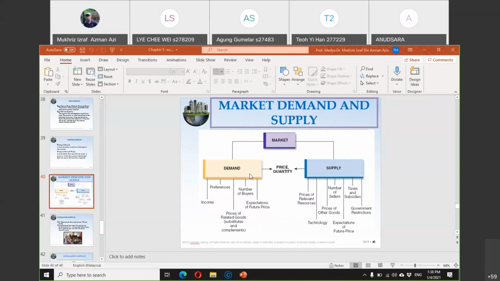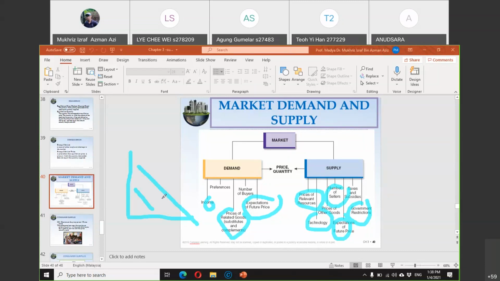Also, all of the factors that you see here are related to the shifting of the supply or demand curve. Whether the demand curve is shifting to the left or to the right: shifting to the right means an increase in demand, shifting to the left means a decrease in demand.